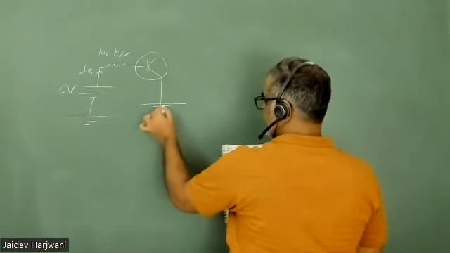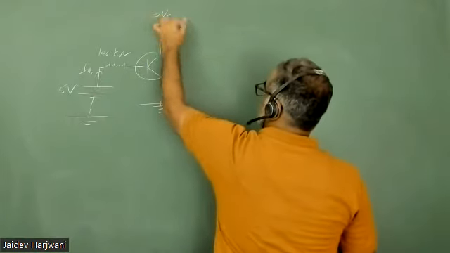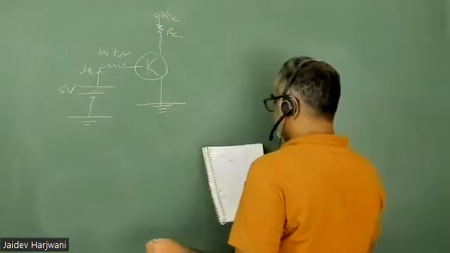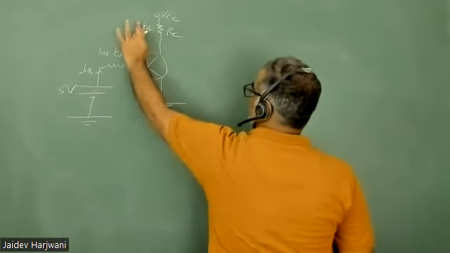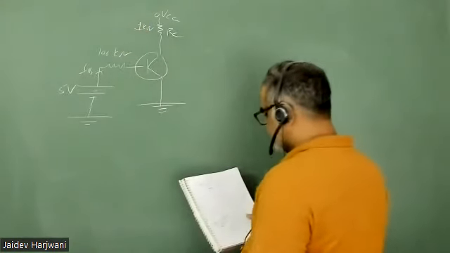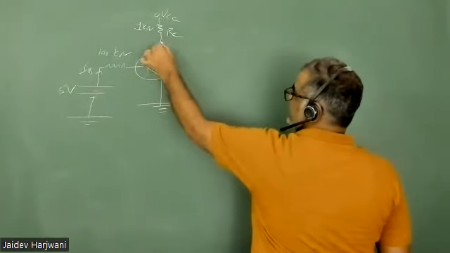This is your ground, with no resistance. Here is your VCC, and here is your RC. RC is 1 kilo ohm. In the question, it is asking what is the voltage at this point?